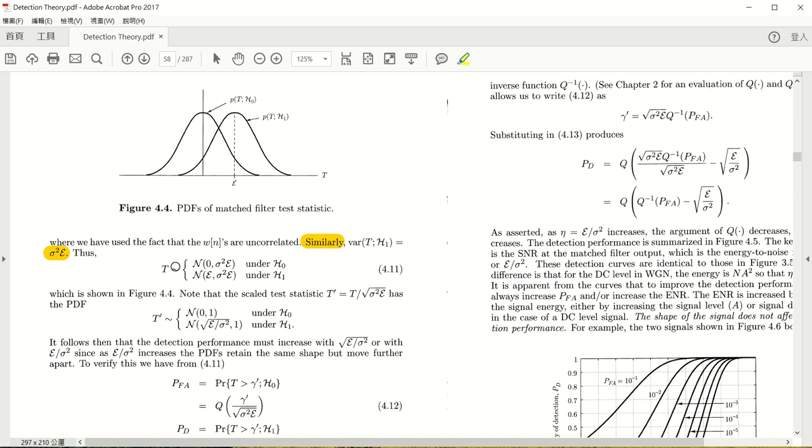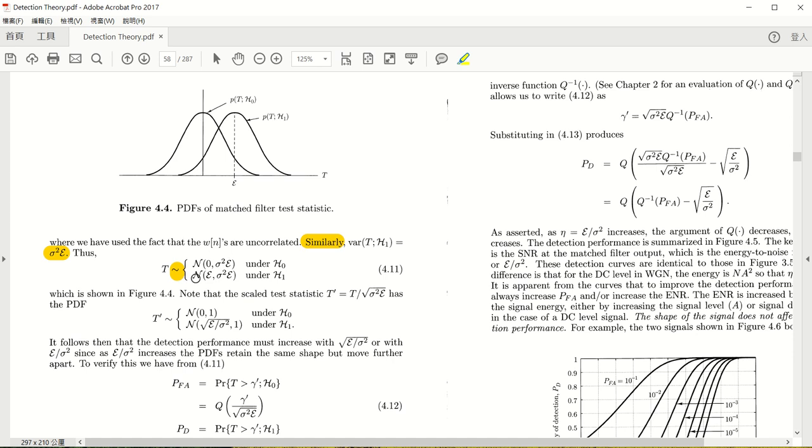T is distributed. This notation means distribution. So T is distributed by Gaussian distribution with zero mean under H0 with this variance.